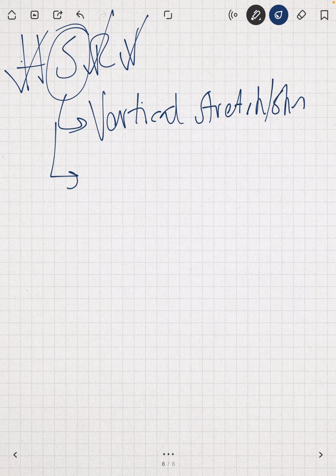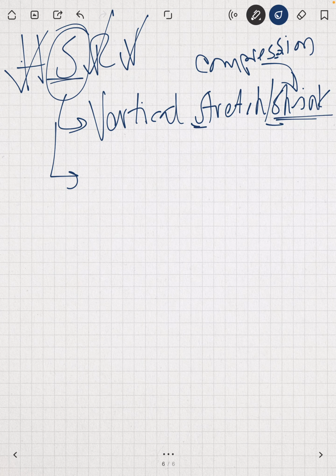shrink. And our book, just for a note, uses the word compression. I use shrink just because it keeps that S for our acronym. Helps students remember variables. And then we'll look at horizontal stretch or shrink.